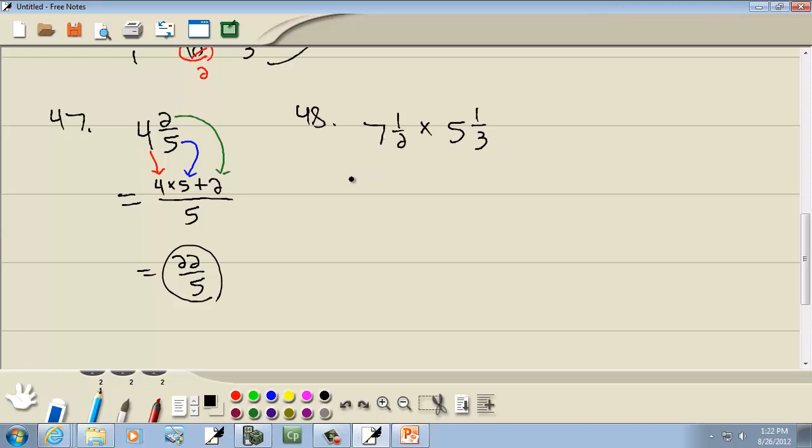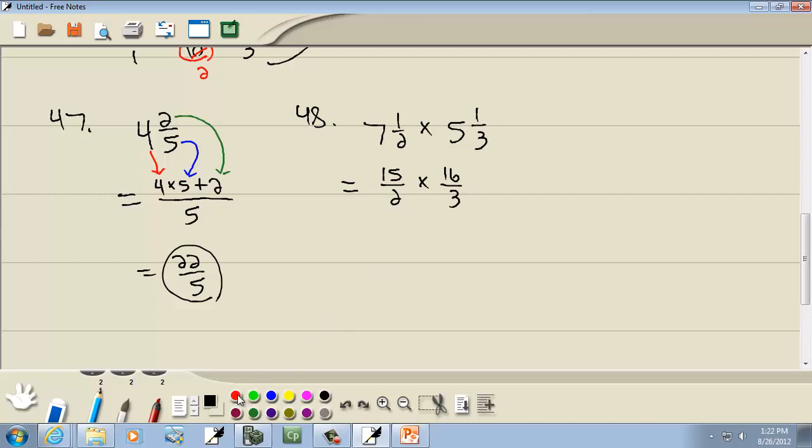So we have to change these to improper fraction form. Well, 7 times 2 is 14. Add 1, that gives us 15. So that's 15 halves. And here we got 5 times 3, which is 15. Add 1 gives us 16. Again, the denominator stays the same.